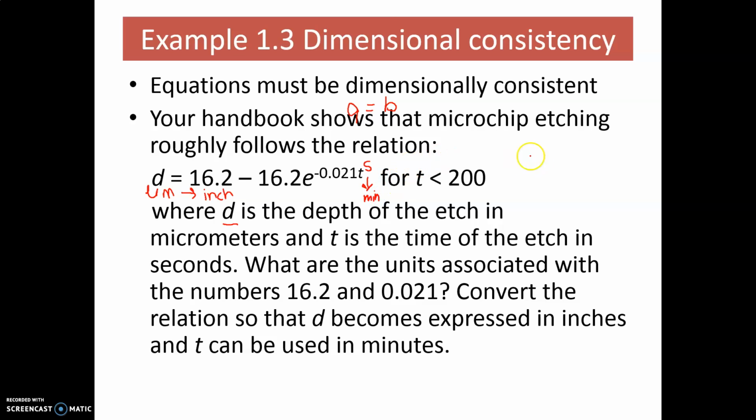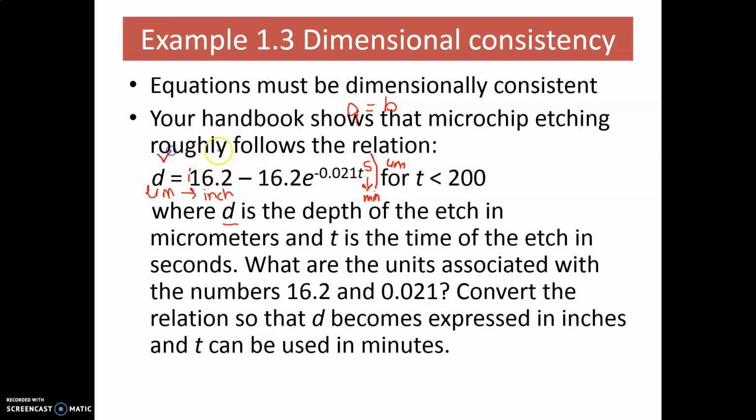Okay, so what do you mean by dimensional consistent? That means if here D is in micrometer, that means this part also at the end will also have micrometer, so it's going to be the same units. So that's why we assume that this at the end is going to have the same unit.